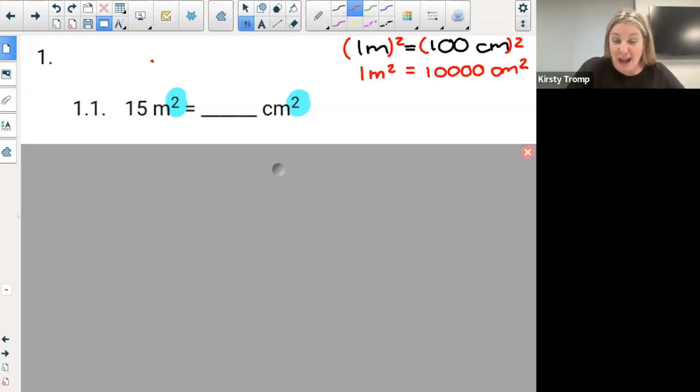Right, so now I know to get from meters squared to centimeters squared, 1 meter squared equals 10,000 centimeters squared. So if I've got 15 meters squared, how many centimeters squared am I going to have? Well, I'm going to have 15, and how many zeros do I need? 1, 2, 3, 4.